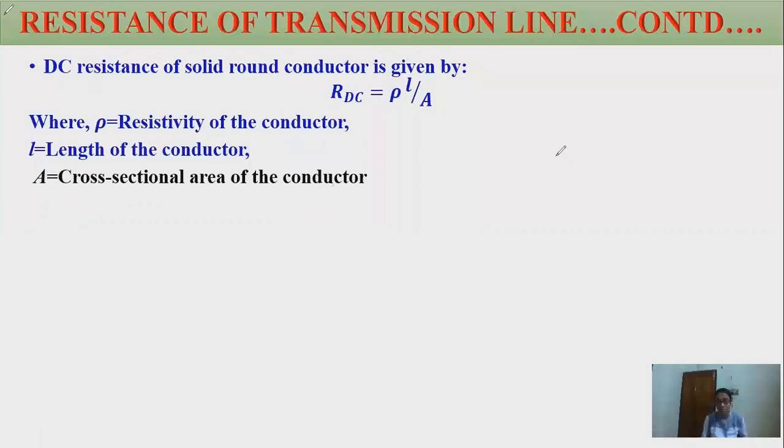If the conductor is cylindrical in nature, with length L, and cross-sectional area A, with L in centimeters and A in centimeters squared, and rho the resistivity, then the DC resistance of the solid round conductor is R_DC equals rho into L by A.